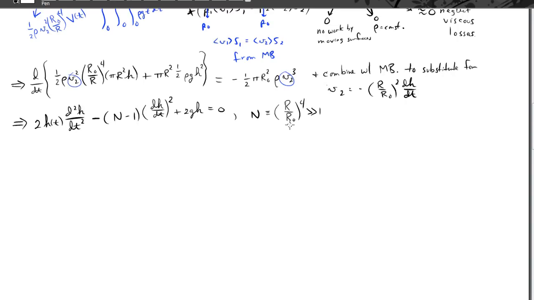We were assuming the hole is small relative to the radius of the cylindrical tank.